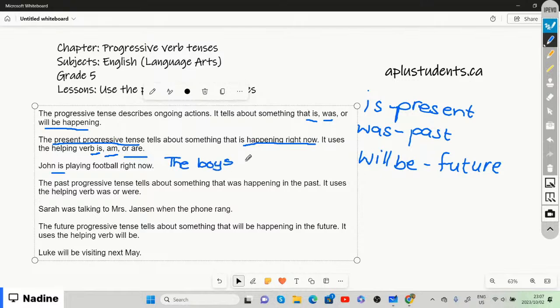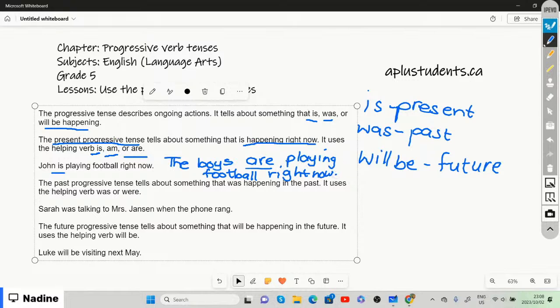this is now more than one. So we can say the boys are. Remember, we say is when we're referring to one person. So John is playing football right now, and the boys are refers to more than one. And we can maybe say the boys are playing football right now.